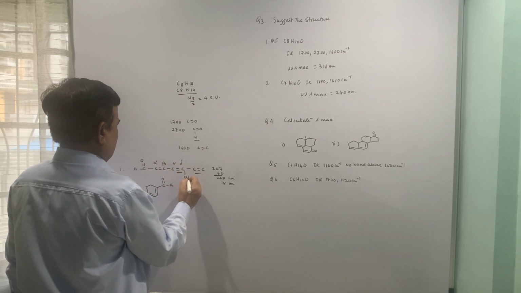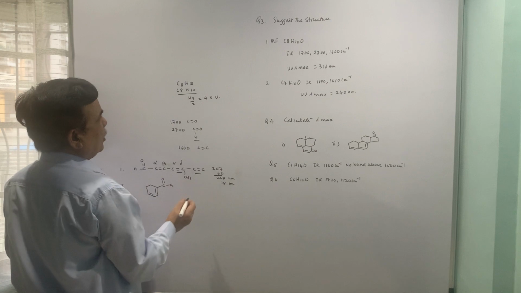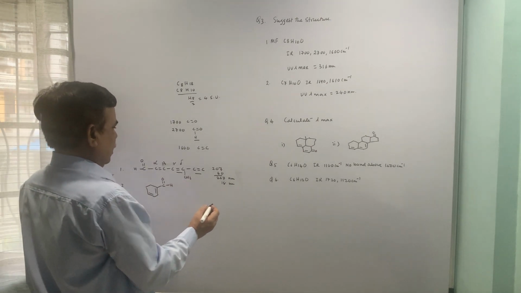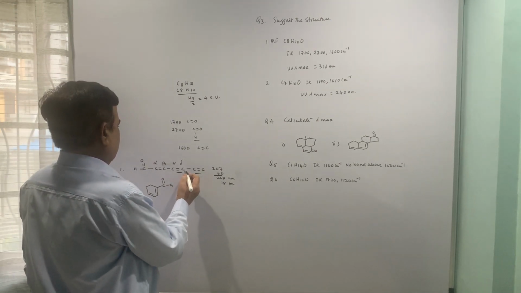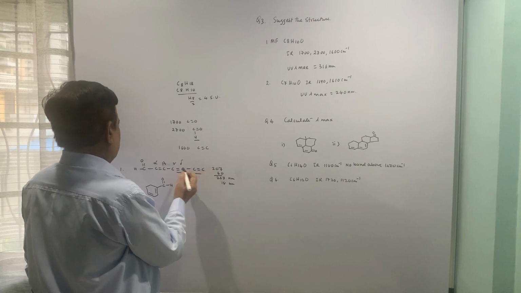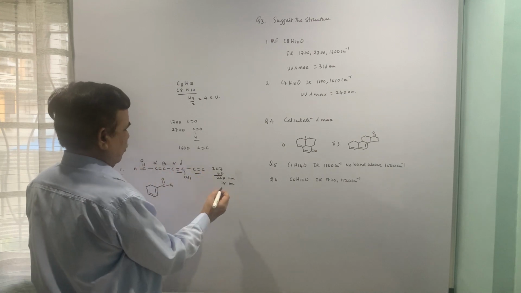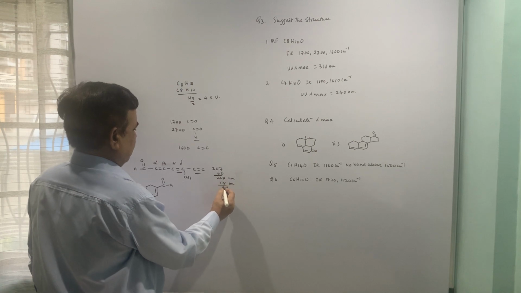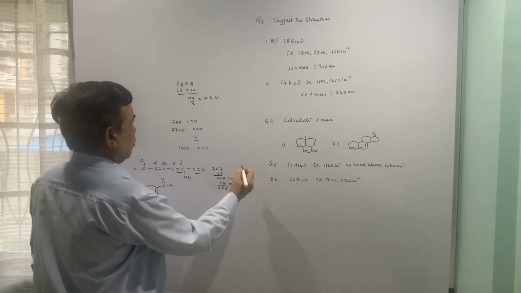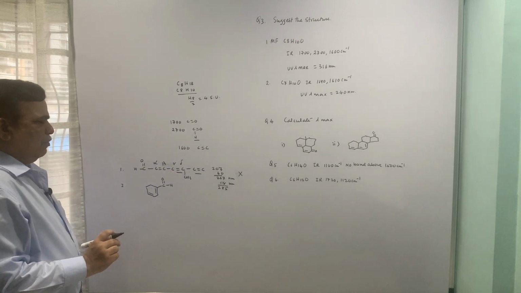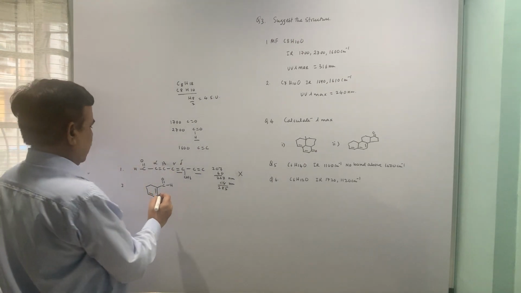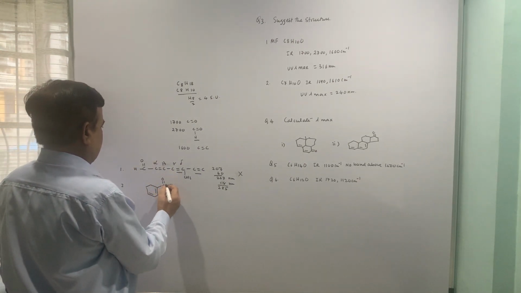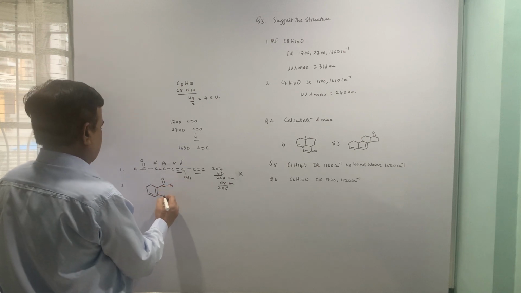So say delta 1 substituent is there, rest of the things would be there by default. So 3, 4, 5, 6, 7, 8, 9, 10. So molecular formula is not a problem. So this is ruled out because this is not matching with the given number. 6, 7, and one more is there.